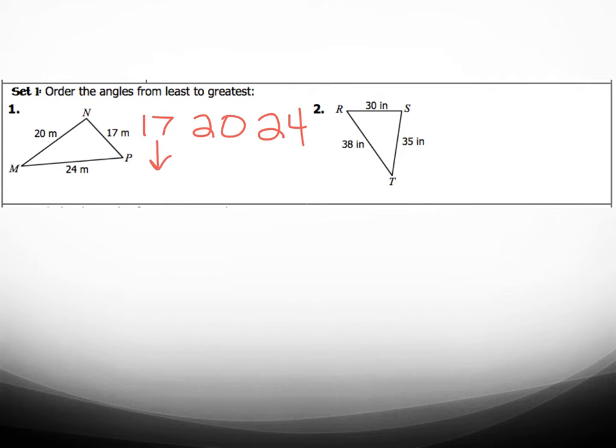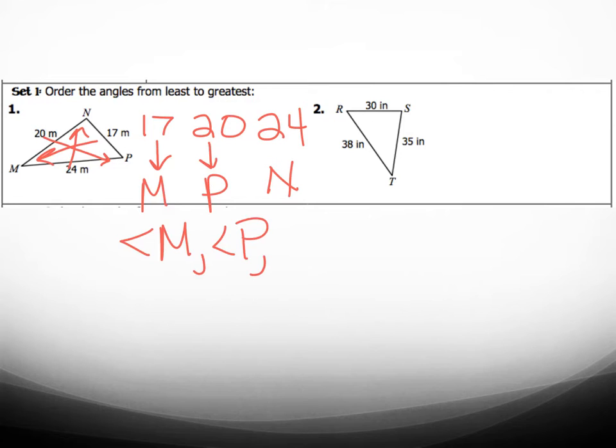So we're going to start at 17, and we're going to go across from 17, and that is angle M. We're going to go across from 20, and that is angle P. We're going to go across from 24, and that is angle N. So list the angles in order from least to greatest. It's angle M, angle P, and angle N. It said angles, so that is 1 letter or 3 letters. There we go.